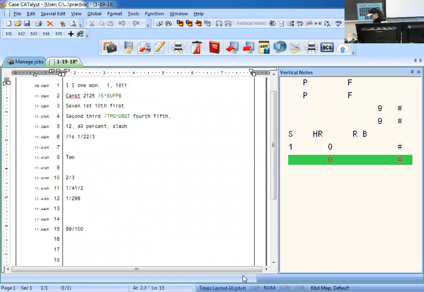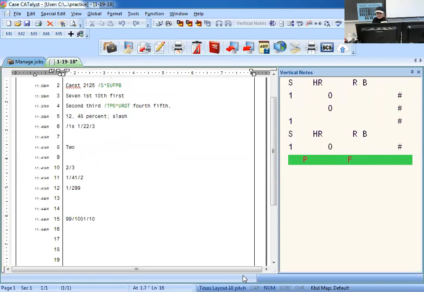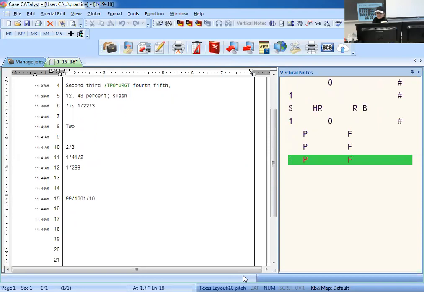So when they say 1/10, gotta remember to hit that PF. So 1/10/44, okay? That's how it would work.